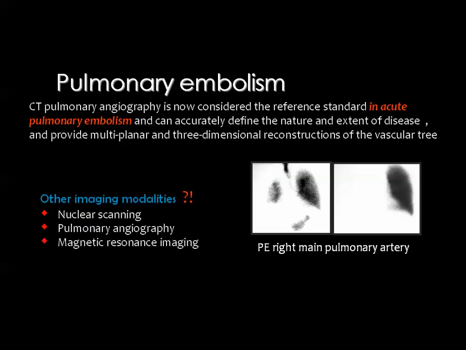Actually, there are a lot of ways to assess or to diagnose pulmonary embolism, and these include nuclear scanning, pulmonary angiography, which is digital subtraction or conventional angiography, the MRI, and the CT pulmonary angiogram.